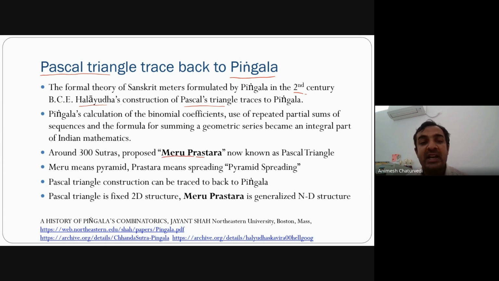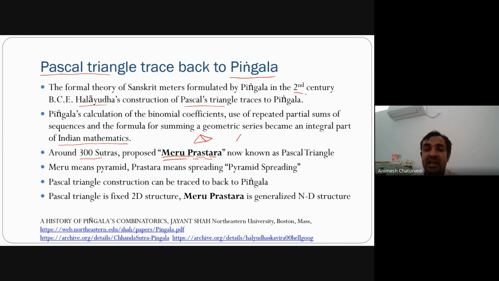Meru Prasthara is related to 300 sutras mentioned by Pingla, a great ancient Indian mathematician. It is not just a two-dimensional pyramid-like structure, it is three-dimensional.